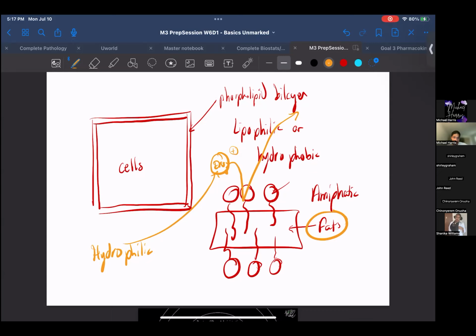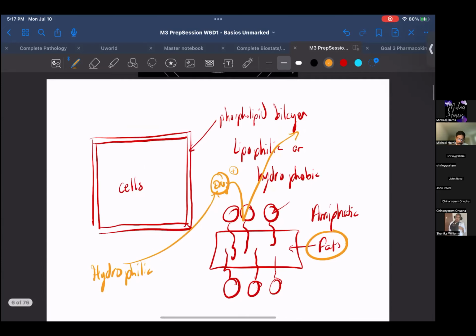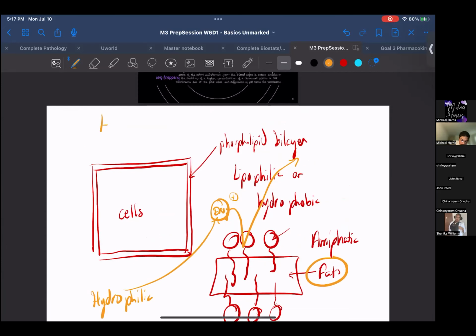Does that make sense? Okay. Now, that means you have certain drugs that are in either the acid form or the base form.